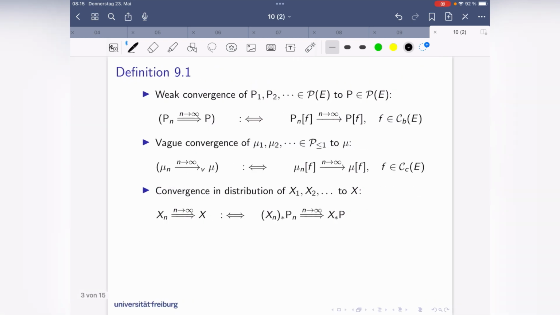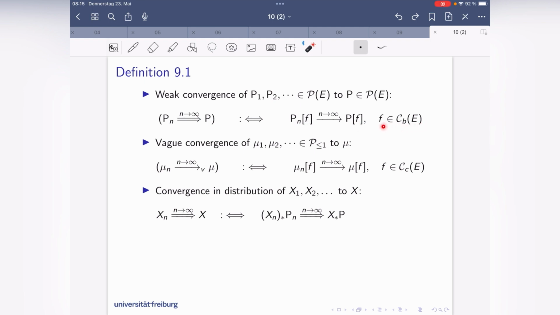Let's define weak and vague convergence. The main point is that for weak or vague convergence, what actually converges is integrals. So expectations with respect to P_n converge to expectations with respect to P. For weak convergence, that must hold for all f continuous and bounded.